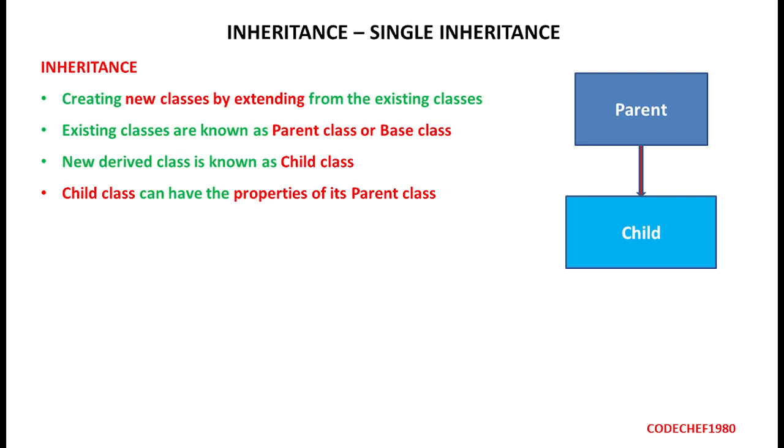If you take me, I have the properties of my parents. Here, the number of parents participating in the relationship gives us different types of inheritance, which we will discuss one by one in coming videos.